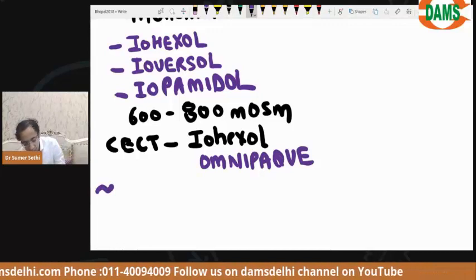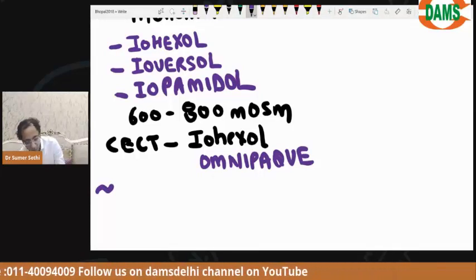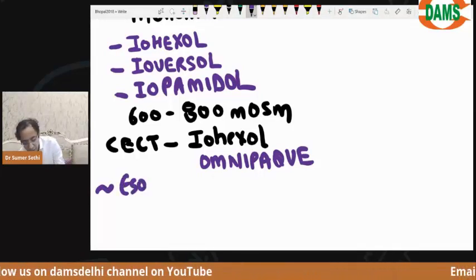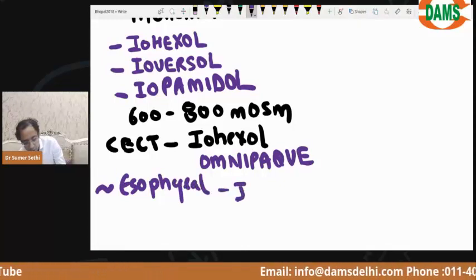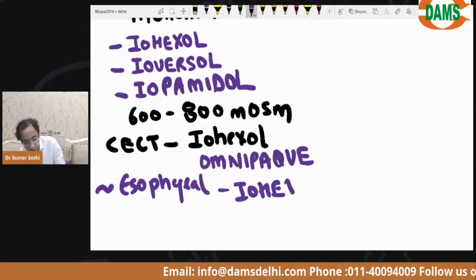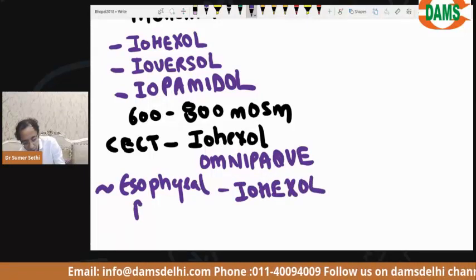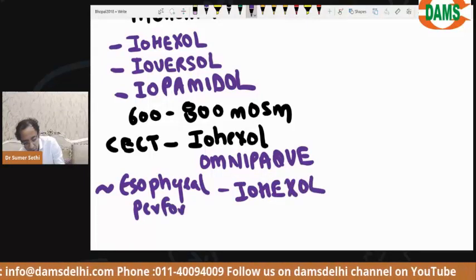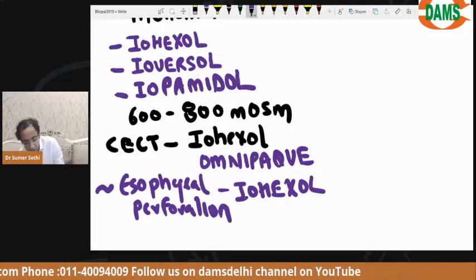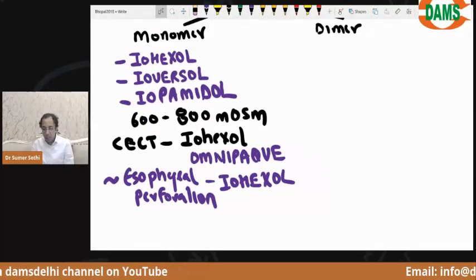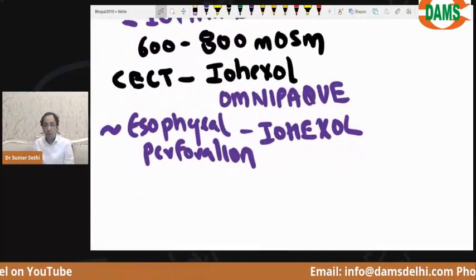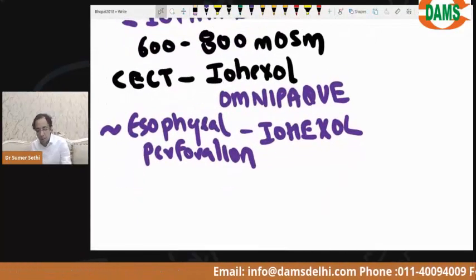Okay. And second, please remember this concept with me. In esophageal perforation, iohexol is the preferred dye. I will give you my reason. You might ask me, sir, just now you said gastrographin, so why is an iohexol study done in esophageal perforation?